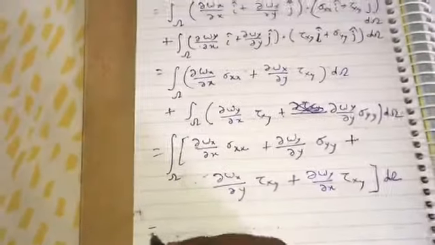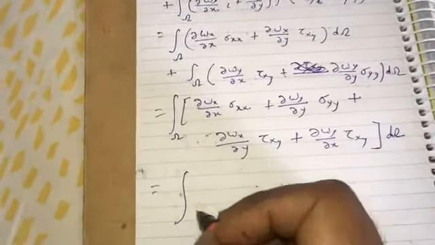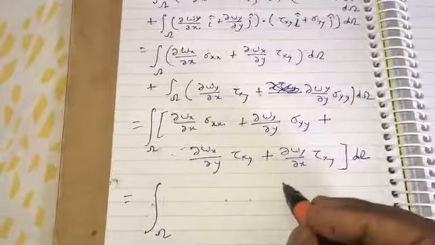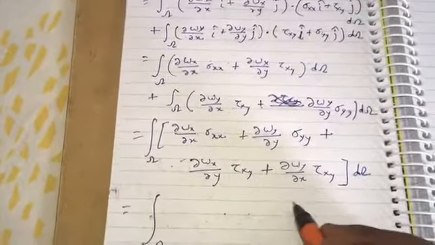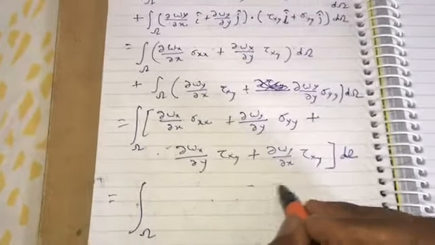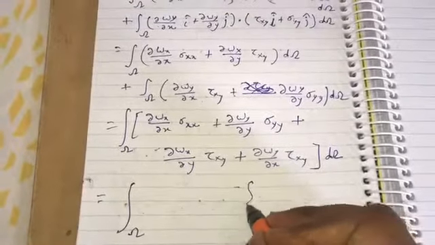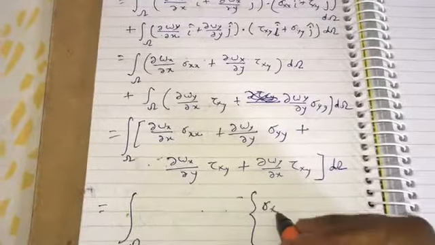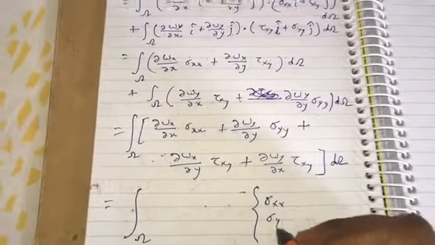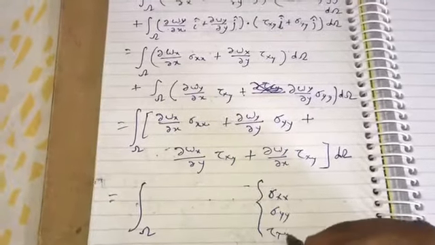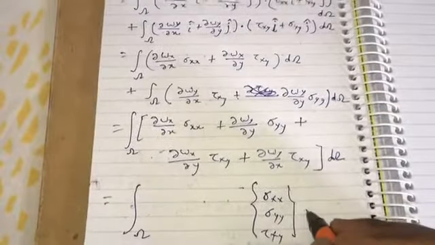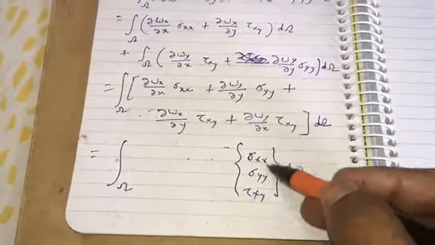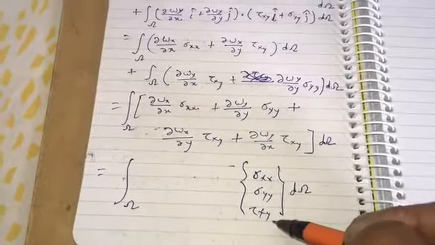Let's write that again in compact matrix form. We want to write sigma xx, sigma yy and tau xy as a vector, because the original sigma vector is what we used.